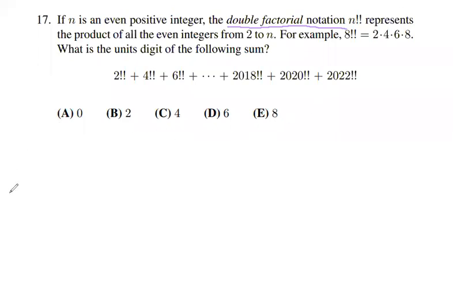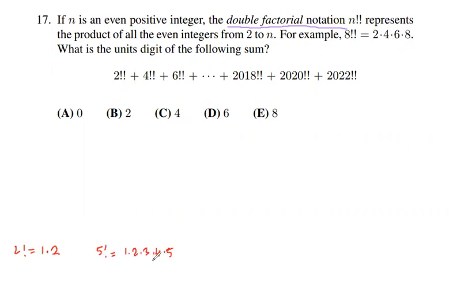Okay. So for example, if you have 2 factorial, that's just the product of 1 and 2. And if I have 5 factorial, that will be the product of the first 5 integers. So again, that's just the definition of the factorial. That's how we write it in a neat way.